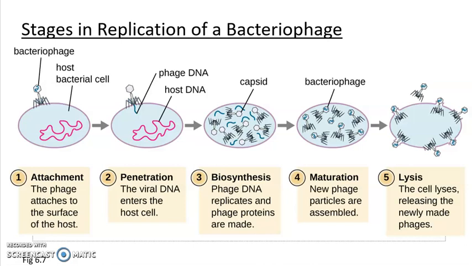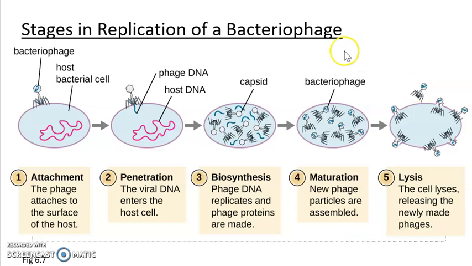And once that DNA is inside, it's going to basically co-opt the various enzymes and resources of the cell to make more copies of its own nucleic acid, and its proteins are going to be made. And so that's what we can see here during that biosynthesis phase. Once you've made copies of all your genome and you've made all of the proteins that are going to make up that final virus particle, they do go through the maturation phase, where you're going to see that self-assembly of these proteins around that nucleic acid.